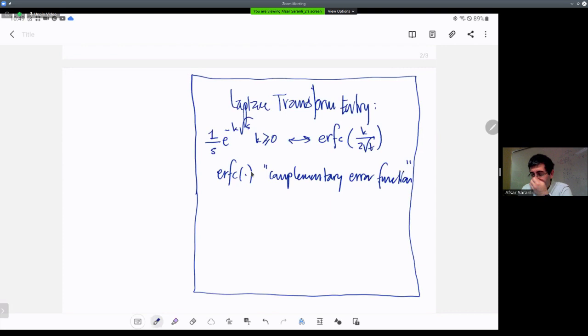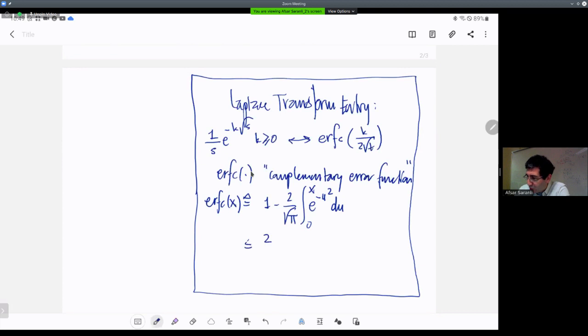The derivation of this correspondence is beyond our scope, but this ERFC of x is defined as 1 minus 2 over square root of pi integral from 0 to x of e to the power minus u square du.